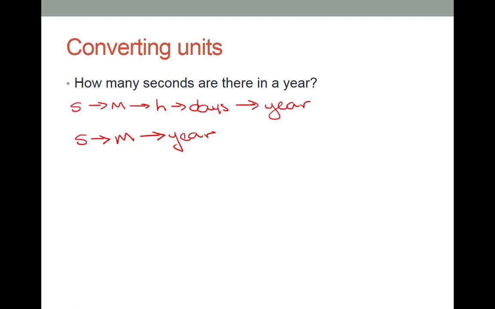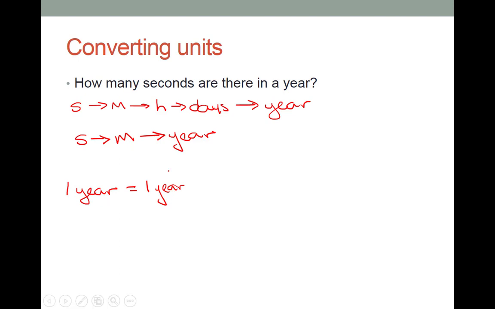So what I do when I convert units is I say, okay, the thing I want to do is convert seconds to a year. So I'm going to start with 1 year, which seems backwards, and convert that down to seconds. So I'm going to let it equal itself. That way I know I have a good equation. 1 year equals 1 year.